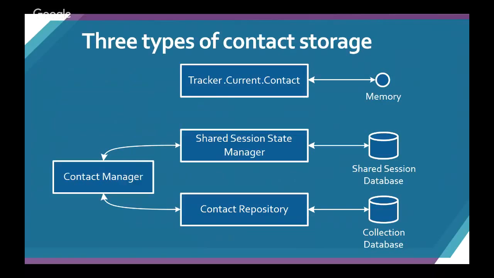Contact manager unifies these two APIs, which means that if you request a contact through the contact manager, it will first look if the contact is present in the shared session. And if it's not, then it will query the contact repository directly in the database. It will load it, and it will put it into the shared session database.